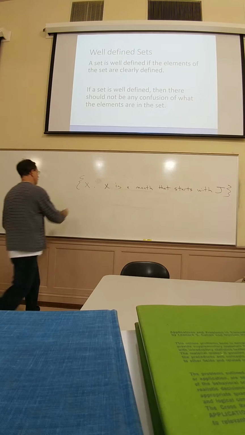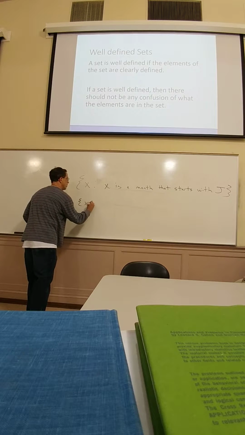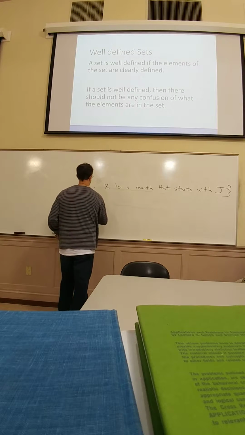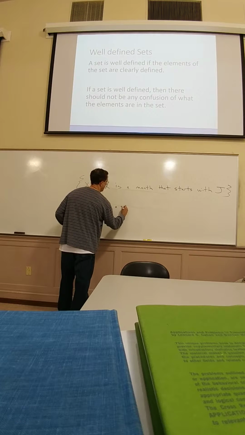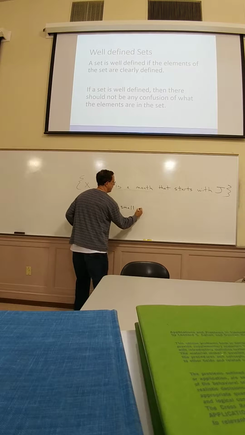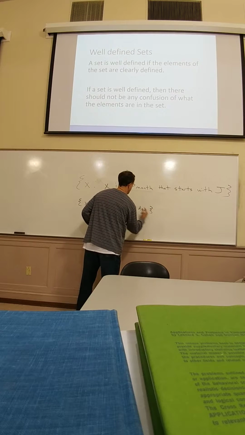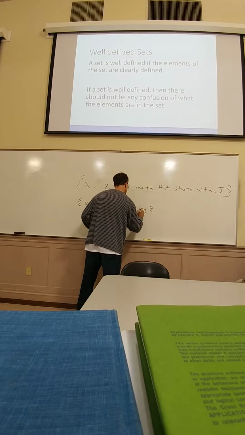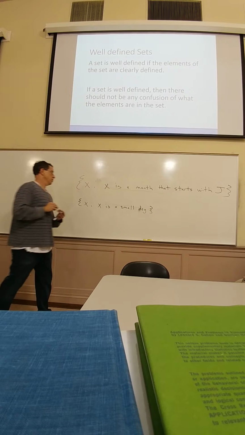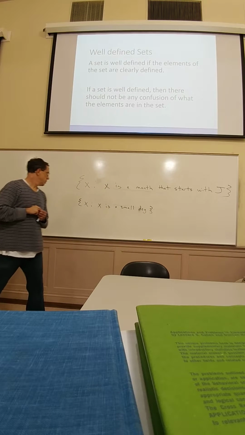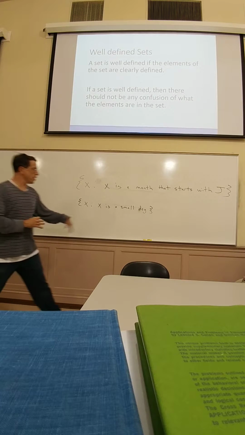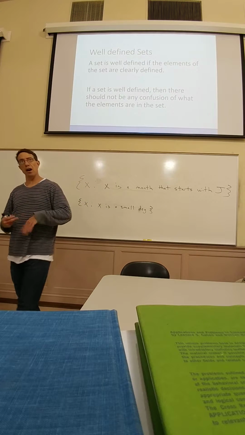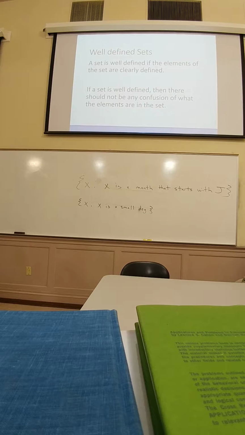But if I wrote something like x such that x is a small dog, then we do have some ambiguity, because what is exactly a small dog?